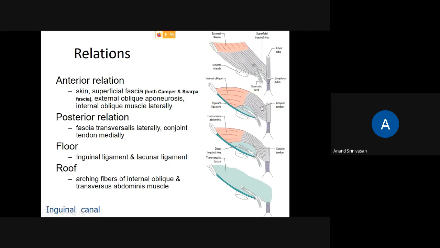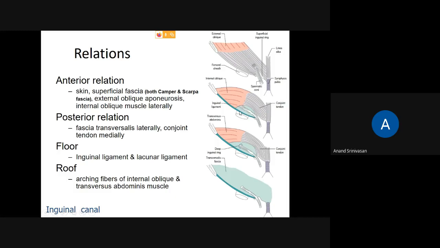So the internal oblique aponeurosis forms the roof of the inguinal canal. Imagine it's like a tunnel, the roof of which is formed by the internal oblique muscle as well as the transverse abdominis muscle.